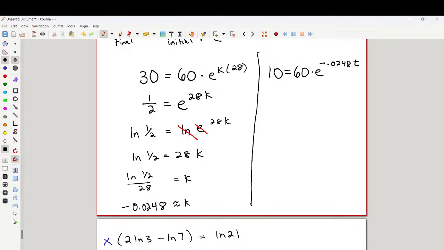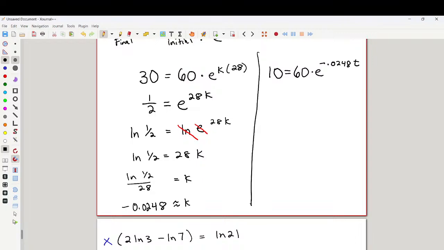See the difference? The first time, we needed to use the half-life information to find k. Then the second time around, we use the k to find t, and then we're done.